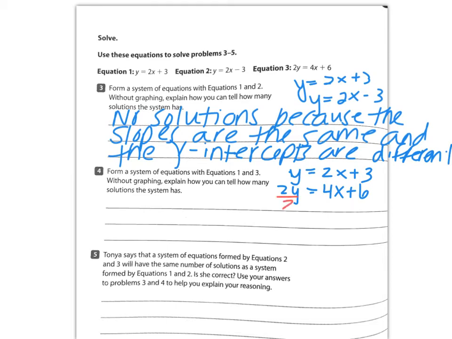To get it in slope-intercept form, I need to divide everything by 2. So this equation is really y equals 2x plus 3. Without graphing, I see that when written in slope-intercept form, both equations have the same slope and same y-intercept, so that tells me that it's going to have infinite solutions.